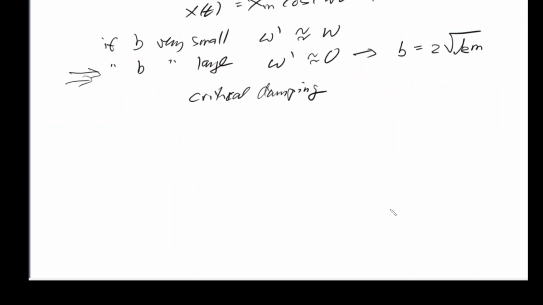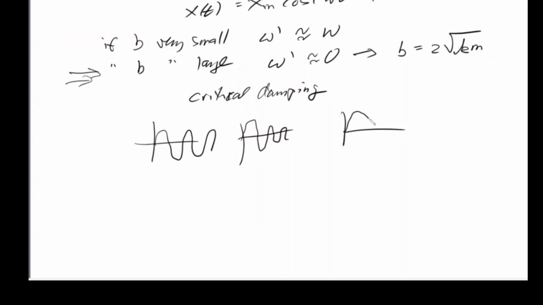So instead of this or this, you end up with this. So that's critical damping, where there's no oscillation and it just goes back to its equilibrium point. And with a damped oscillation, energy is not constant. It varies with time.